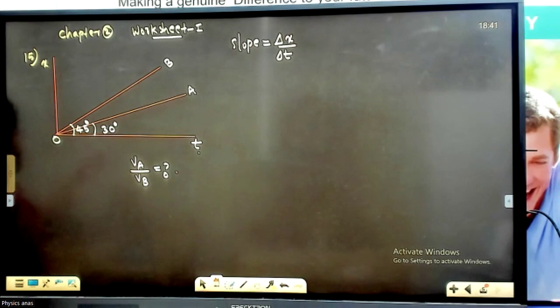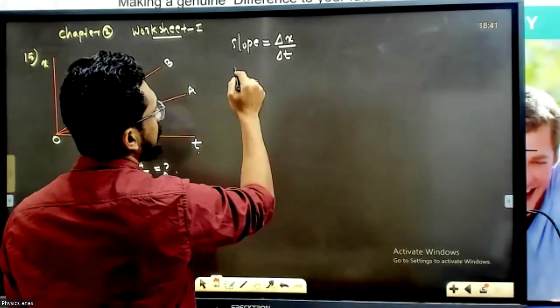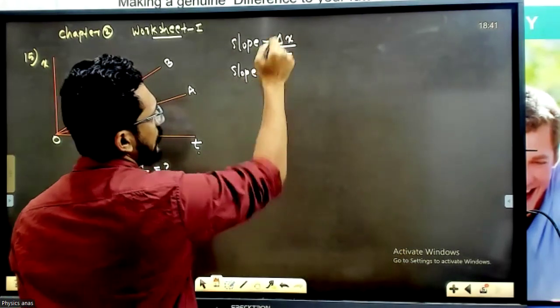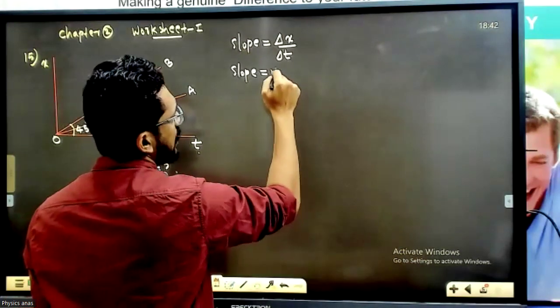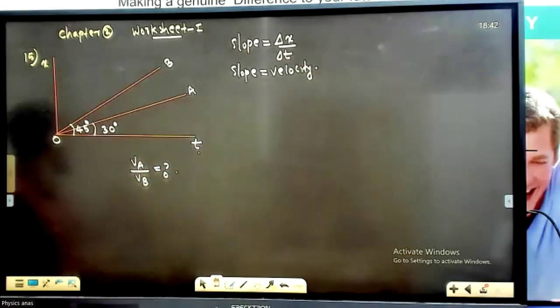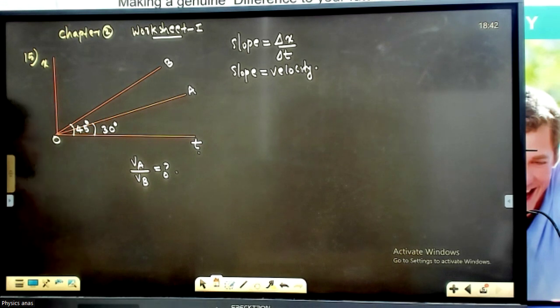Who is this delta x by delta t? Displacement by time, that is velocity. So the slope of a displacement time graph will give you velocity. You will get velocity from the slope.